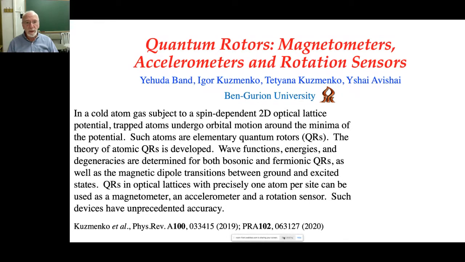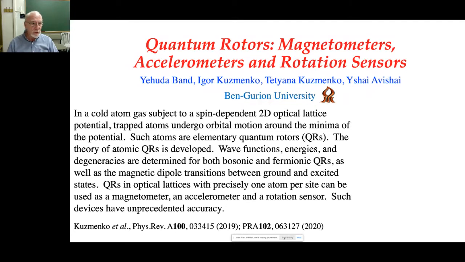The Wikipedia page for quantum rotor models says that there is no experimental way of making an elementary quantum rotor, but in fact there is. And I'm going to tell you about several different ways to do so.